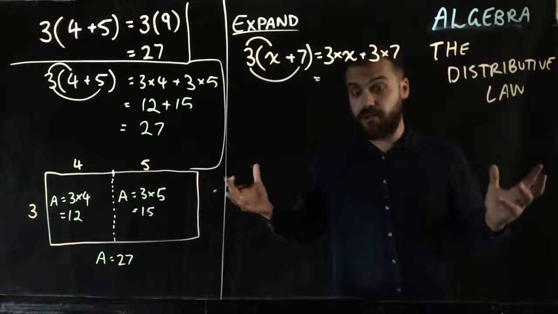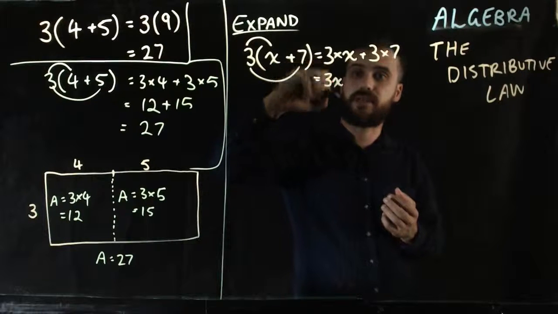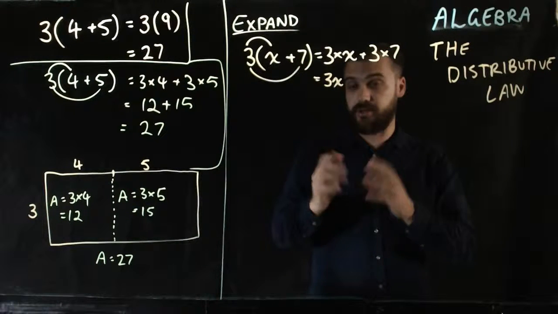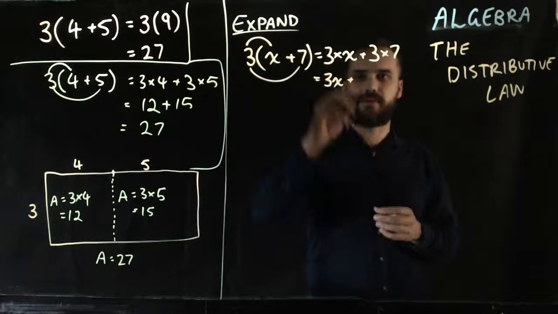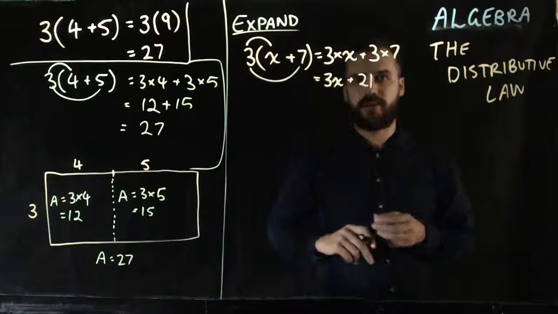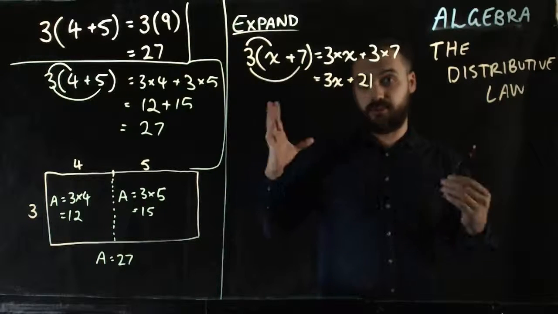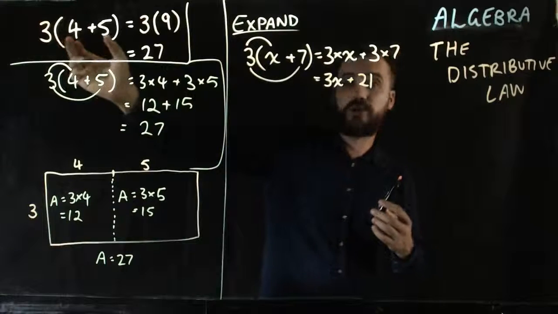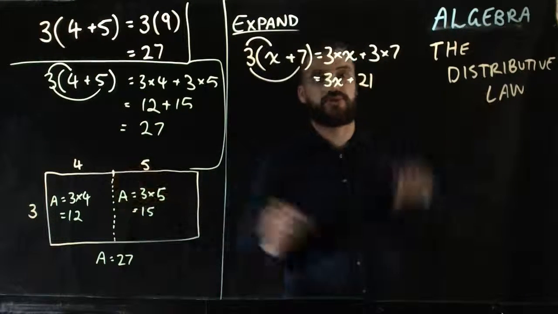Now we've gotten rid of our brackets. 3 times x can just be written as 3x. That's our short way to do it. We don't need to put the times in the middle. Plus 3 times 7, which is 21. Now we've got this fantastic thing where we've expanded our brackets, we've gotten rid of them. When we couldn't use this method, we couldn't use our BOMDAS, we had to use this method, the distributive law.